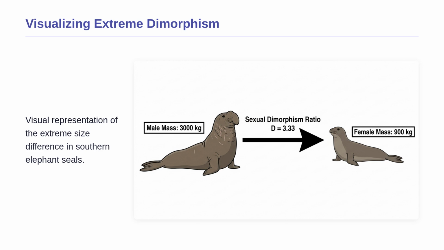The large arrow connecting them highlights the sexual dimorphism ratio of 3.33 that we just calculated. This diagram teaches us that such a drastic physical difference is not just a number. It represents a biological reality where only the absolute largest males can successfully defend a territory and secure mates.